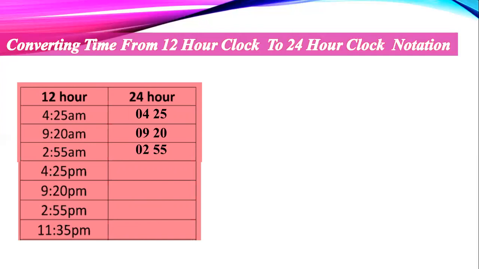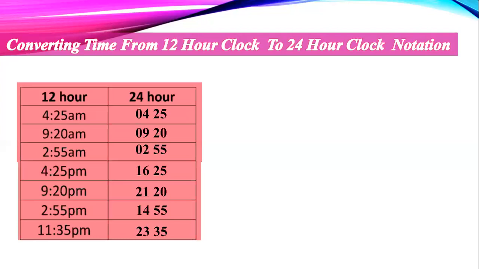But when it's PM, you can see a big change in the number of hours. 4:25 PM became 16:25. 9:20 PM became 21:20. 2:55 PM became 14:55. 11:35 PM became 23:35. So over here we have added 12 to the number of hours to convert the time from 12-hour clock notation to 24-hour clock notation.